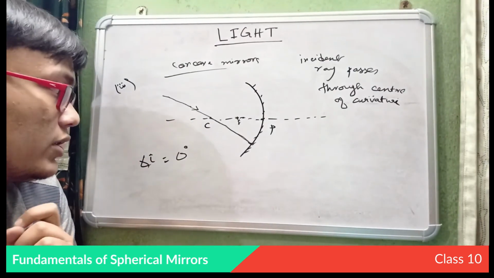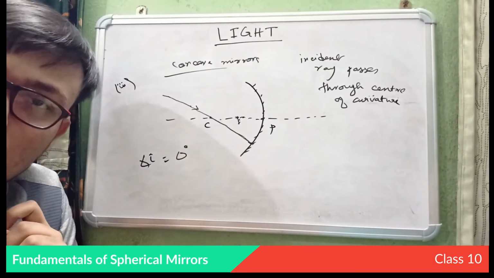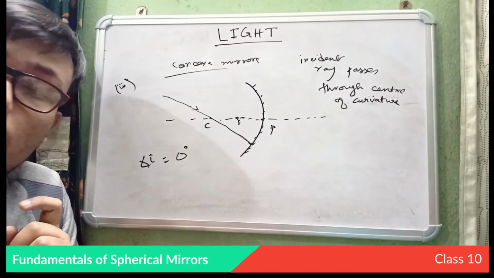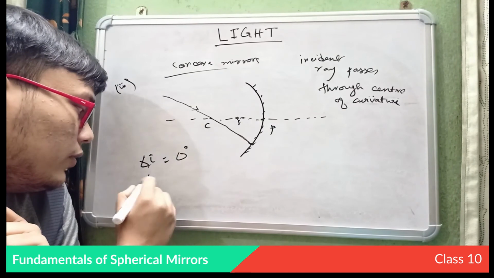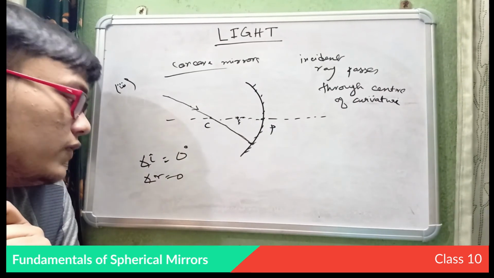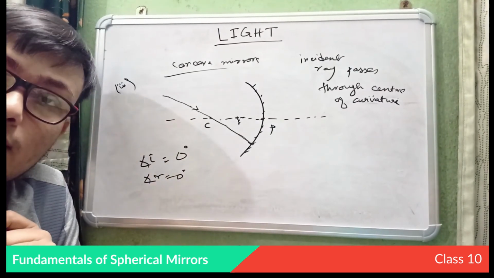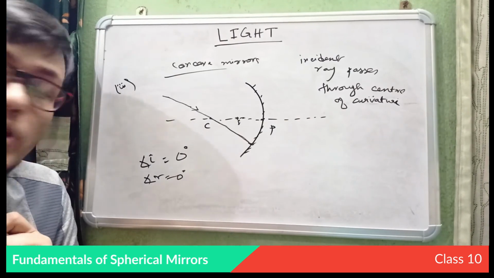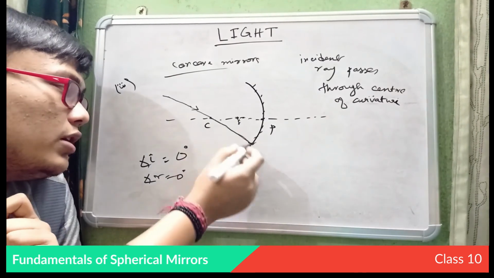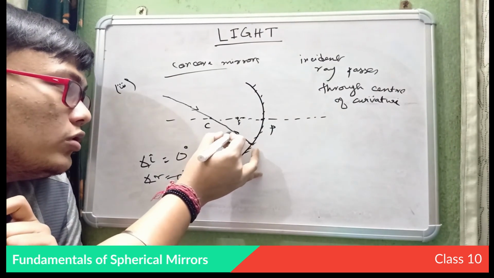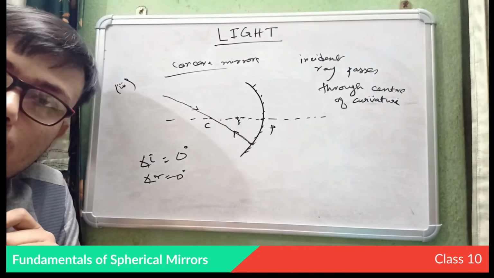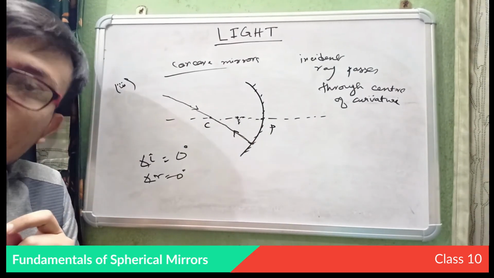From the laws of reflection, when the angle of incidence is 0 degrees, or when the incident ray is along the normal, the angle of reflection will also be 0 degrees, and the ray will retrace its own path. So the reflected ray will also pass through the center of curvature and retrace its own path.